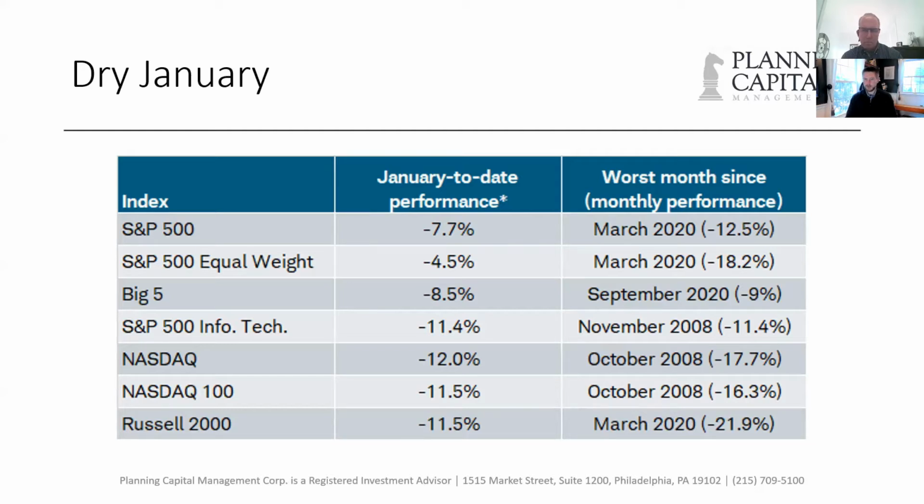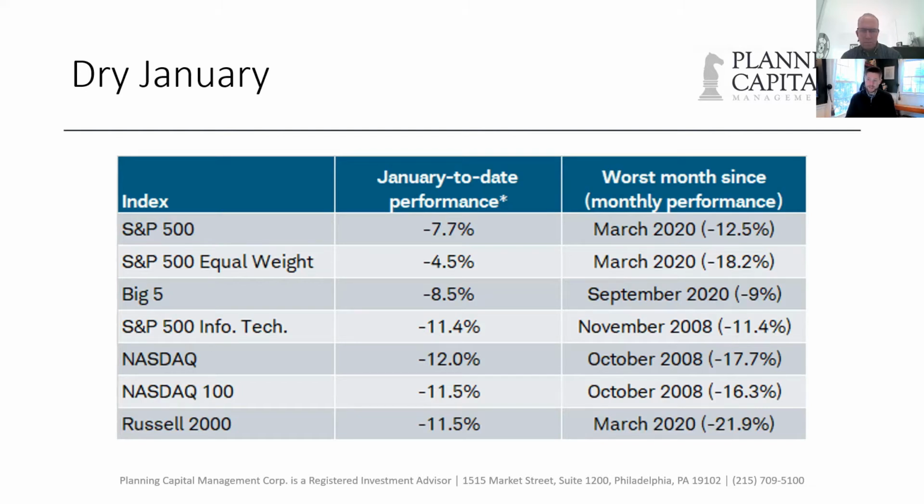So all of these big tech names that have run up substantially, as they run up, their market cap gets larger and larger. Therefore, they make up a larger piece of the index. So the equal weight is actually not down quite as much, and the same is to be said of the Dow, though it's not on this chart.